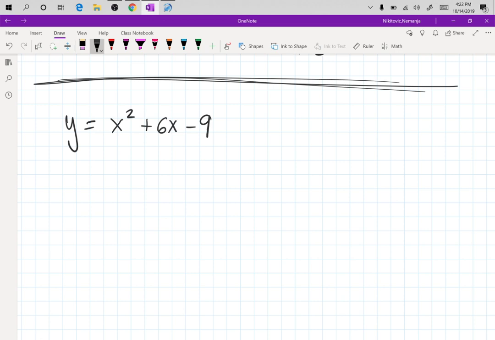From algebra, there are two different ways to represent the quadratic. Y equals mx plus b? No, that's a linear. Quadratic is ax squared plus bx plus c, or what's the other form?